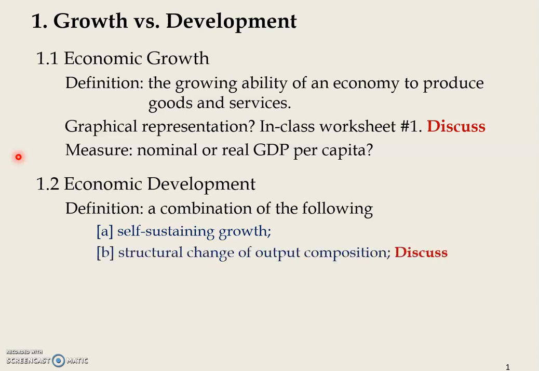The second one would be the structural change of the output composition. Now, for the national output, we have different ways to break it down, but a very traditional way would be to break it down into three sectors: agricultural sector, industry sector, sometimes called the manufacturing sector, and services sector. Agricultural sector is pretty straightforward.